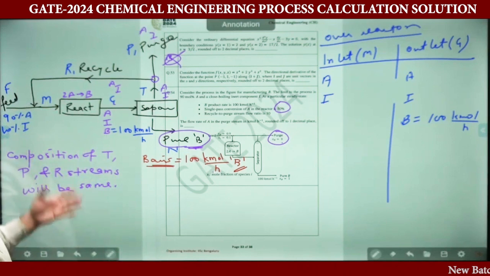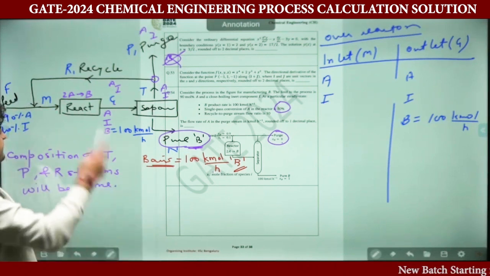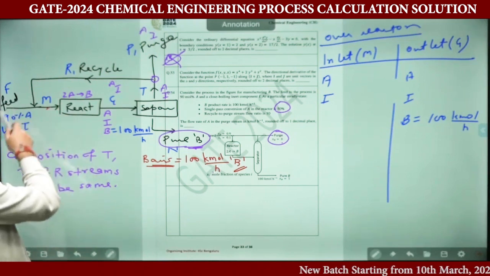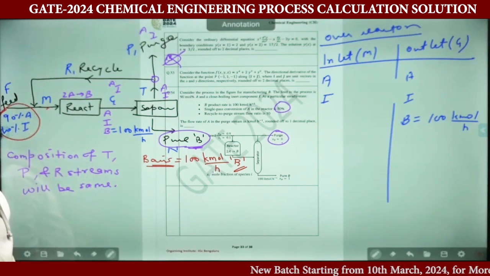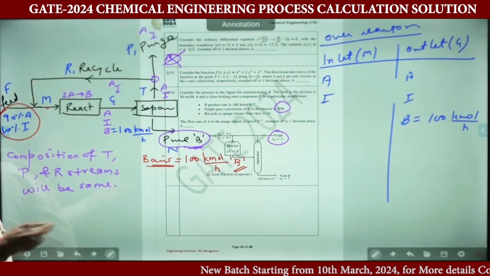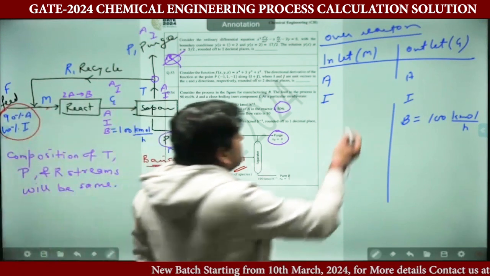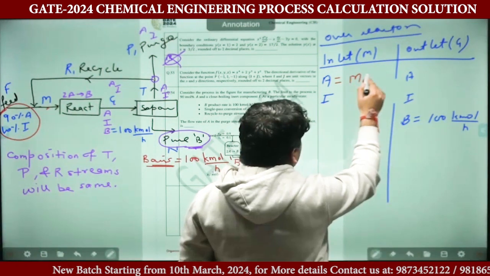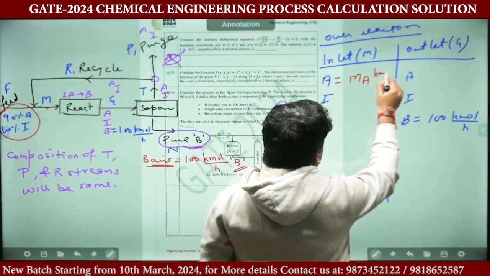Generally, this type of question we have done so many times in the classes, but there we were used to having the composition at the mixed feed or at the fresh feed. So here, in the fresh feed it is given, but we don't need to use that, because simply we can say the amount of A in the mixed feed is, let's say, MA kilomole per hour.